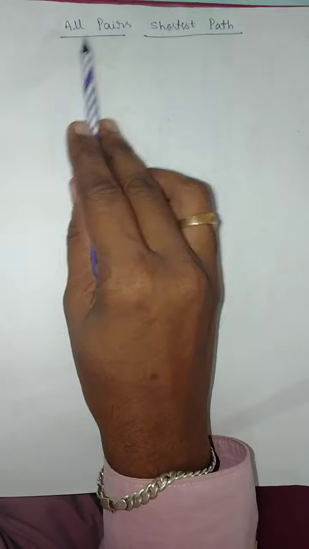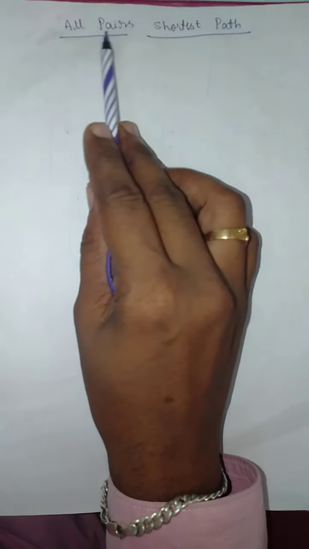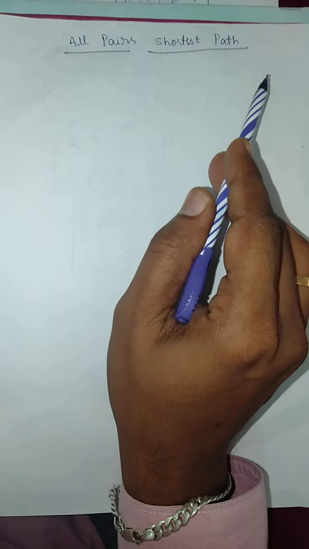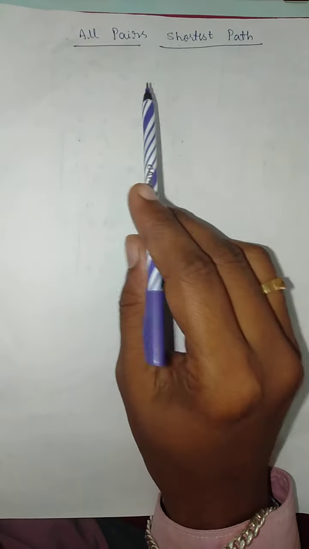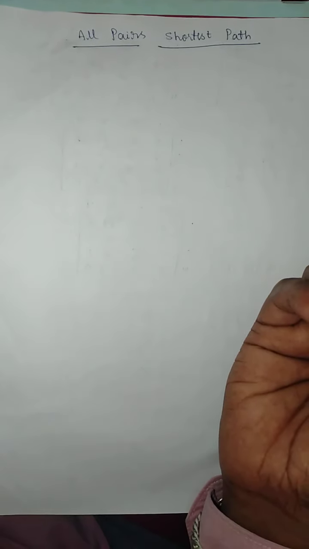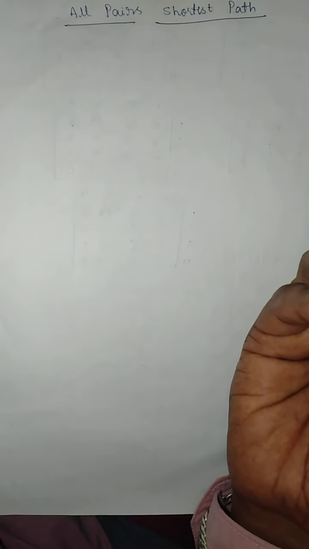The same thing we can apply here also. As the name indicates, all pairs shortest path means that you have to find the shortest path from every node to every other node in the graph. Therefore, the same Dijkstra's algorithm can be run considering each of the vertices in each iteration.